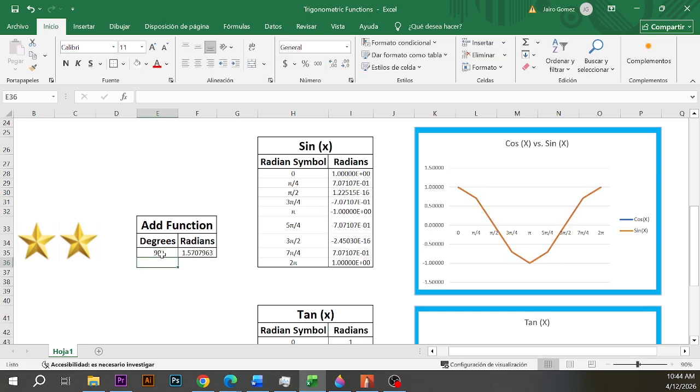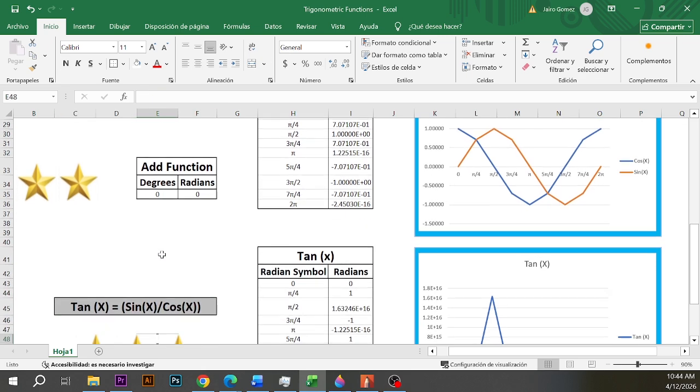So in other words, cosine is 90 degrees ahead of sine, or sine is 90 degrees behind cosine. Depending on however you want to state it, they're both 90 degrees apart. So cosine and sine are very well related one to the other.